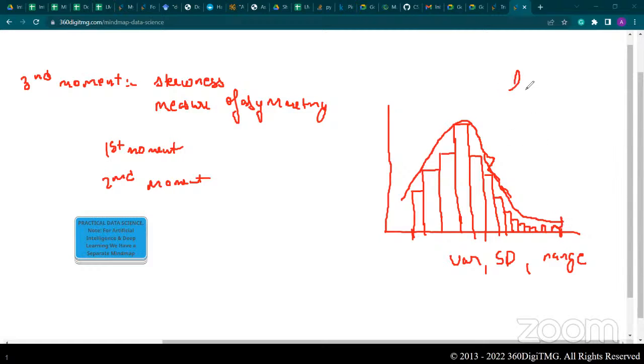This is known as a long tail. Now this long tail is giving us the furthest point of the data. So this is a graph and this is our origin of the graph. When your data is tailing towards positive infinity, it is known as right skewed.